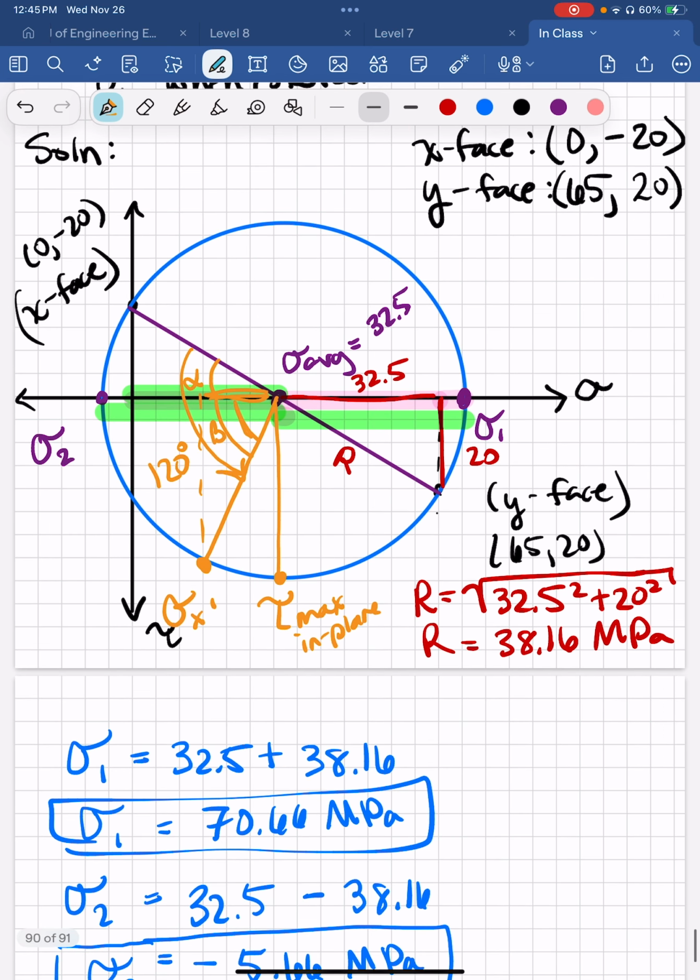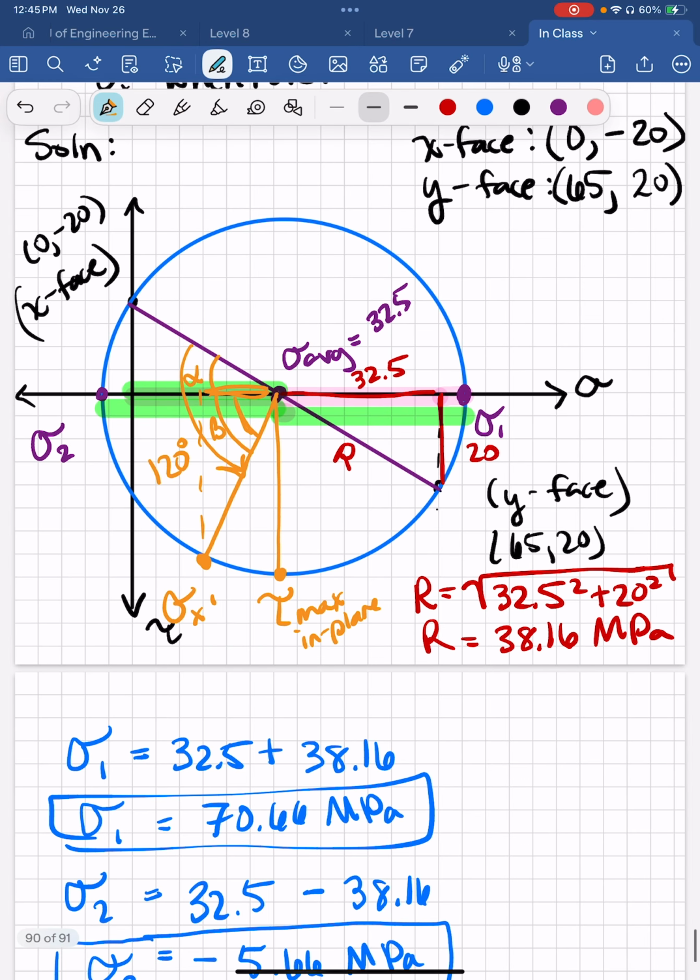So the sine of alpha would be the opposite, that 20, over the hypotenuse, which is R, that 38.16.